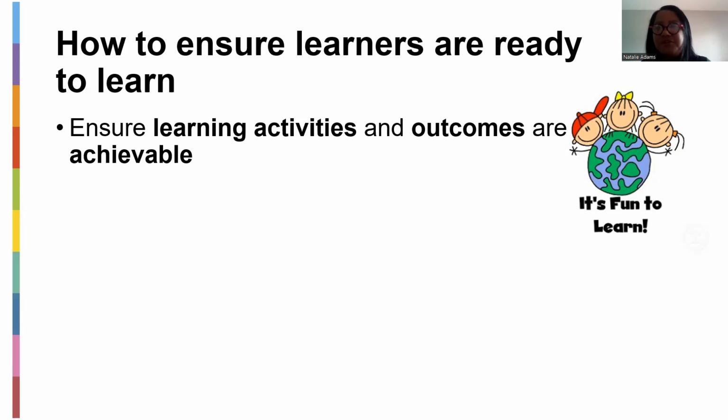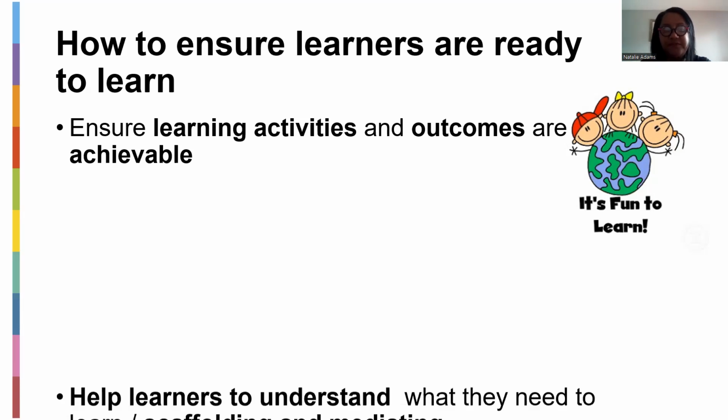I don't know any other word to explain it to you, but I hope you understand what I'm saying. So ensure learning activities and outcomes are achievable. Okay, so if you give them too much, it will not be achievable. If you give them nothing, they're going to be bored. So it must be outcomes that are achievable.